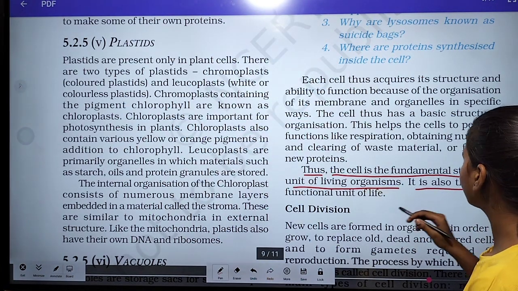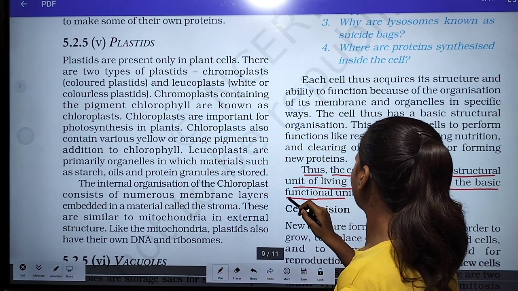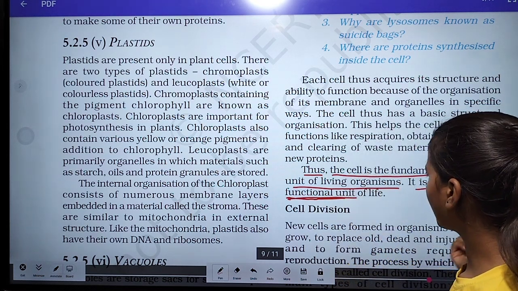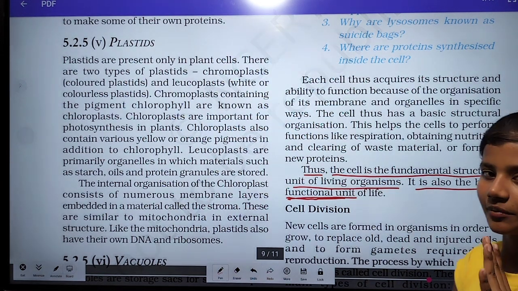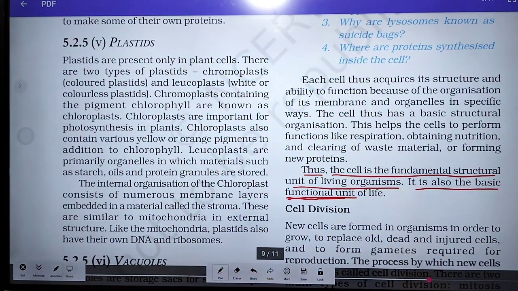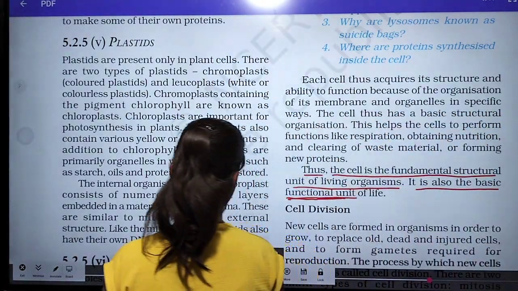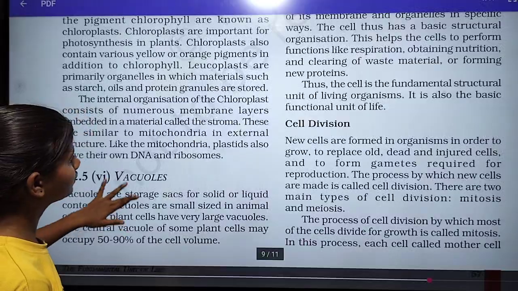It is also the basic functional unit of life. So this is all about the vacuole.